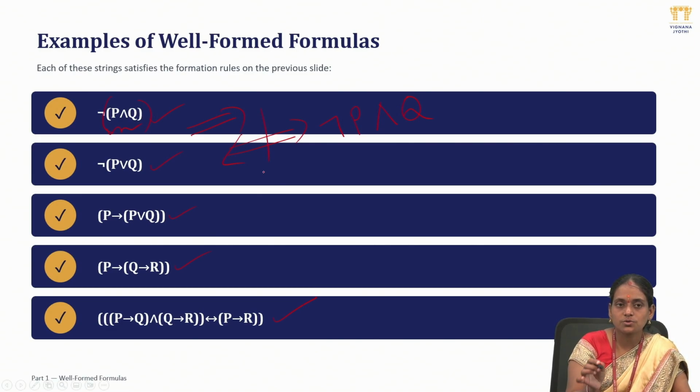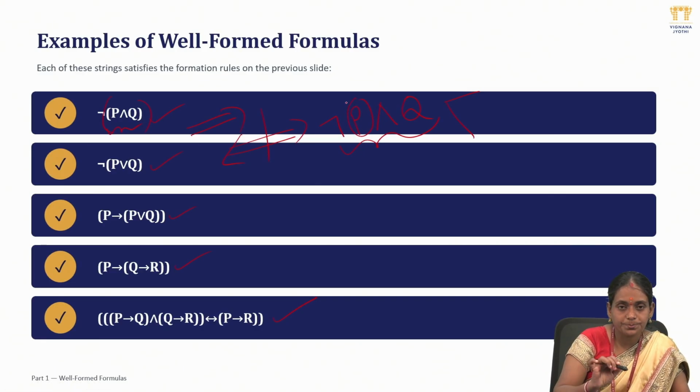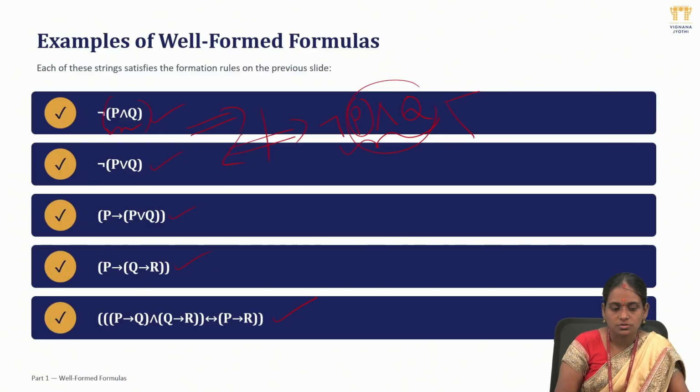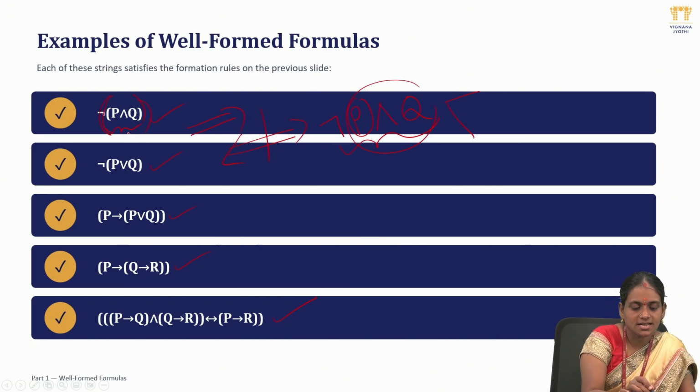The reason is that if I consider this expression, we get some confusion: either we apply negation to P or to the whole operation. In that case, we cannot find the exact truth value. If I represent it with parentheses, we automatically get some clarity.